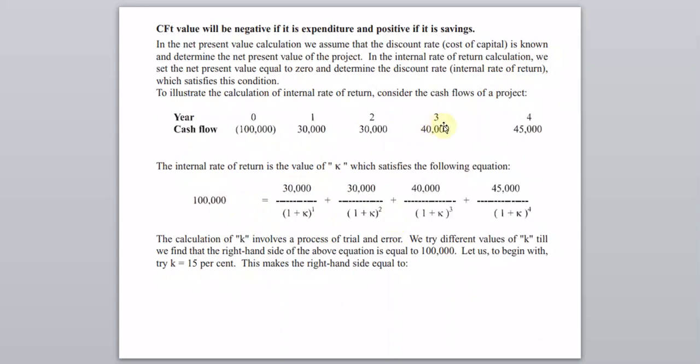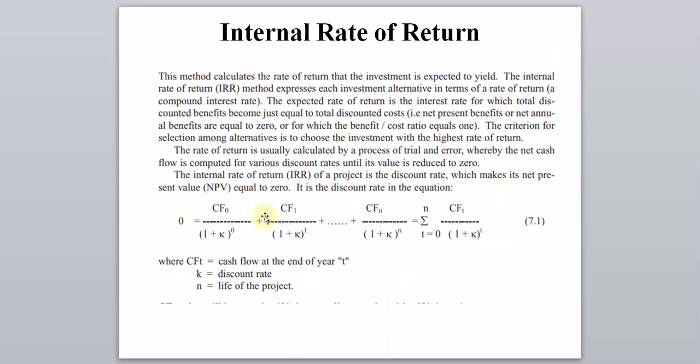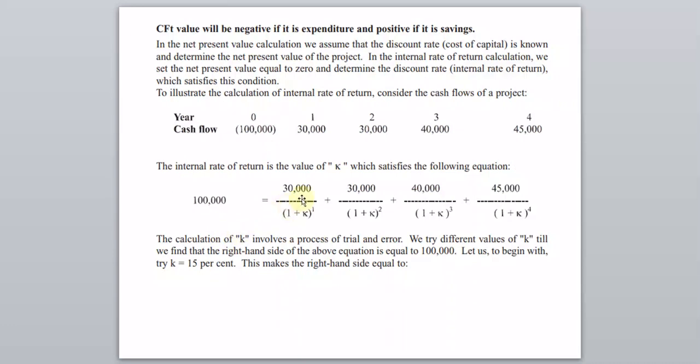Now n is only 4, so we are going to take only 4 values: CF1, CF2, CF3, CF4. We are going to just alter the discount rate K, and write the rest as it is, equating the years 1, 2, 3 and 4.